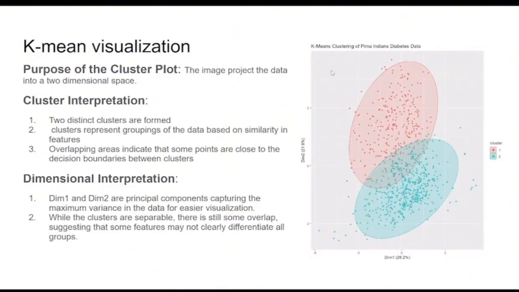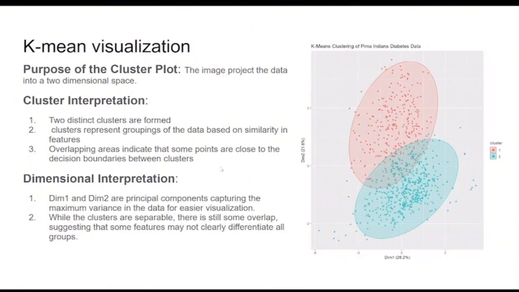So this is our visualization of the k-means clusters. We realized there are two distinct groups, but some overlap suggested the need for more clusters.